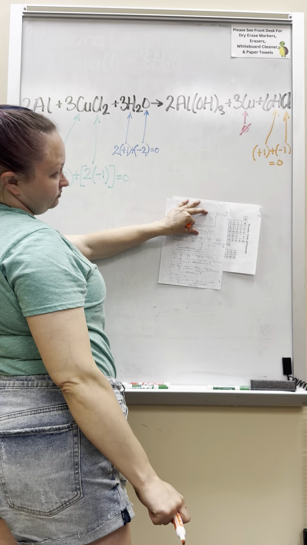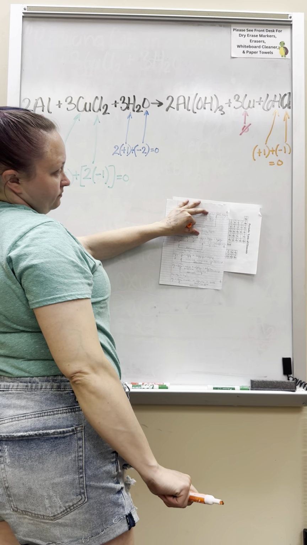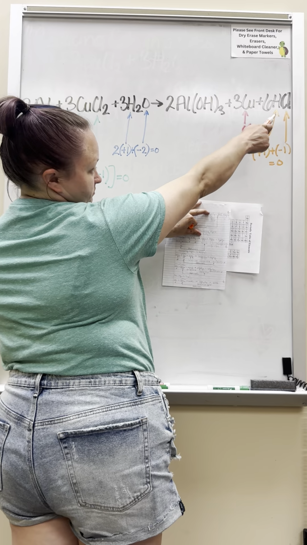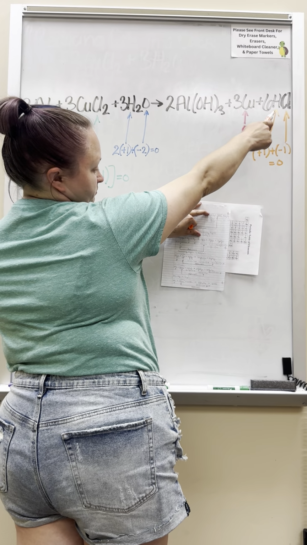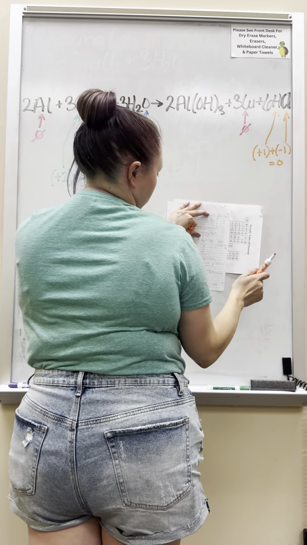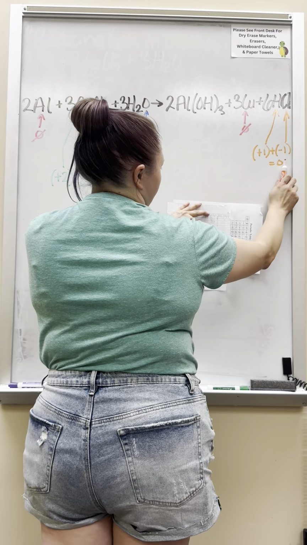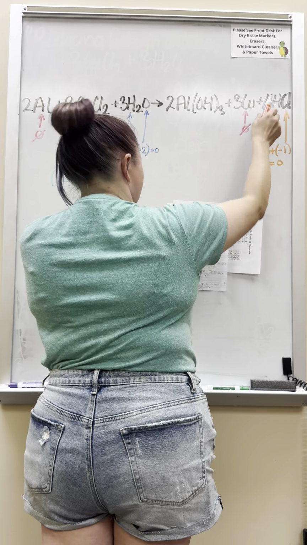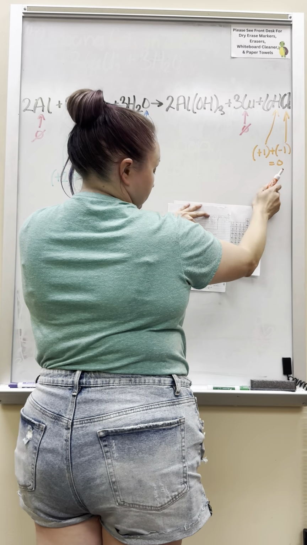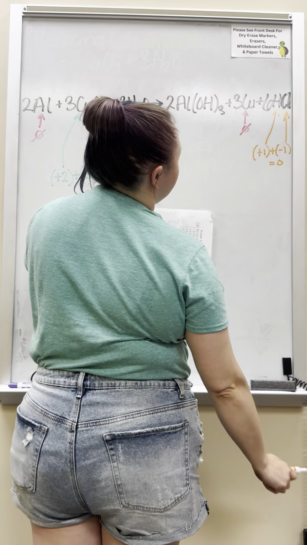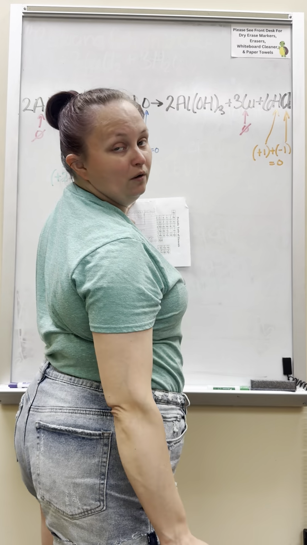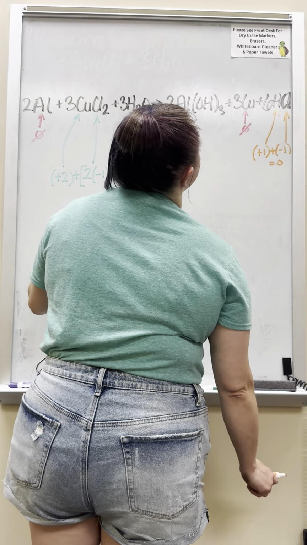Okay. So chlorine is -1. Hydrogen is +1. It's getting late. I'm sorry. I'm too old for this.